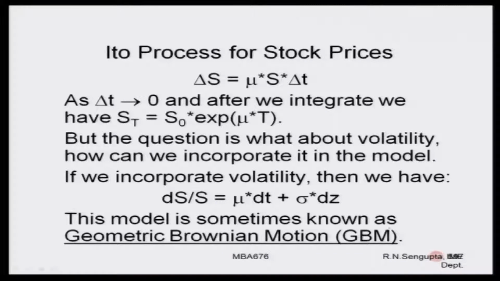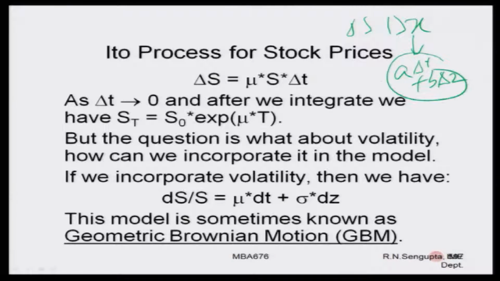So, now Ito's process for a very simple stock market. If you remember, delta S or delta x had two terms: A into delta t plus B into delta z. Now, if you expand this with respect to delta S, with this change of the stock price, this is exactly what you have.